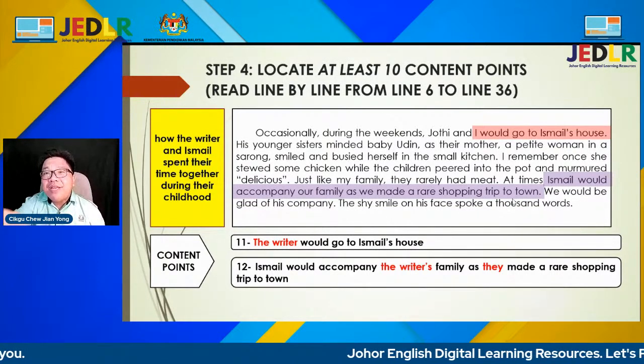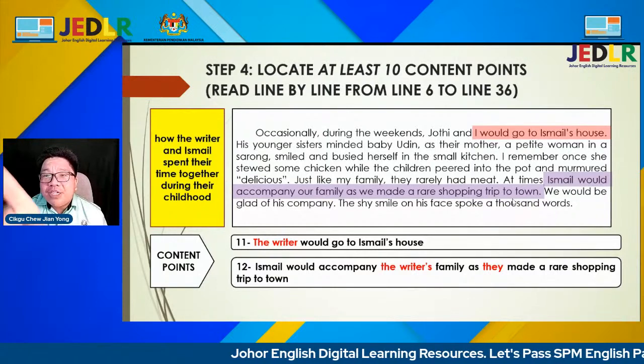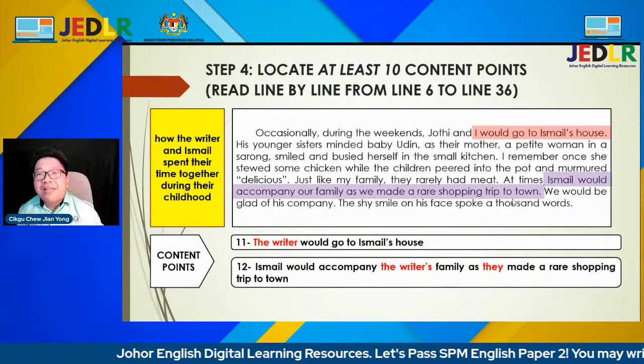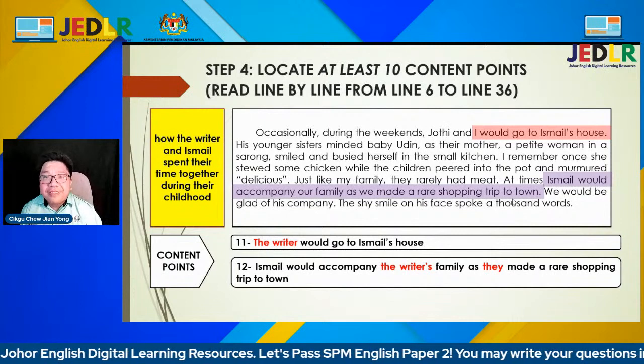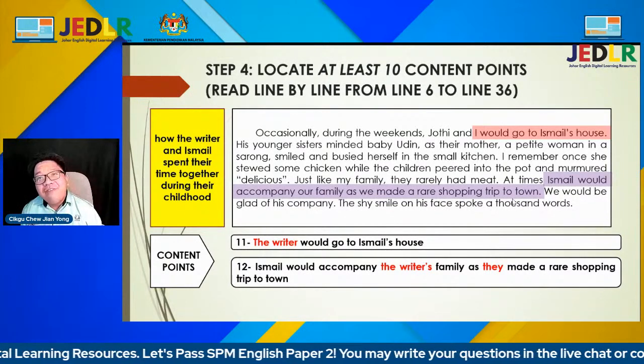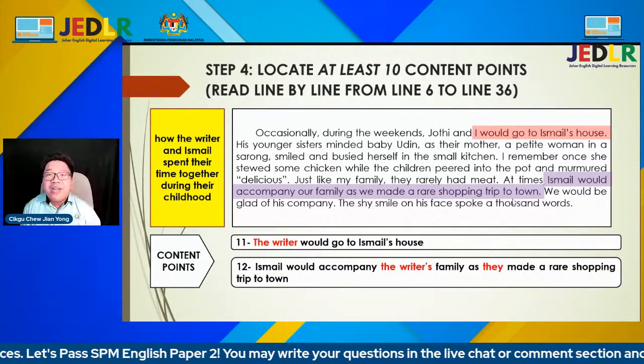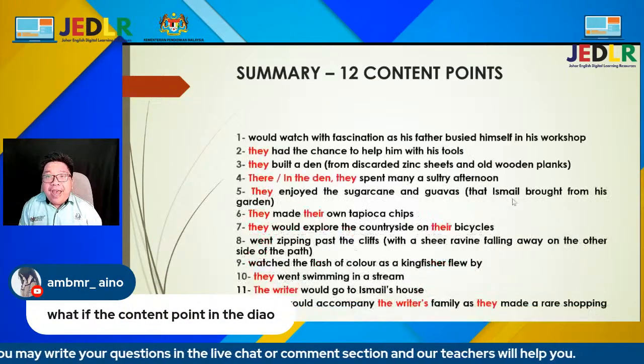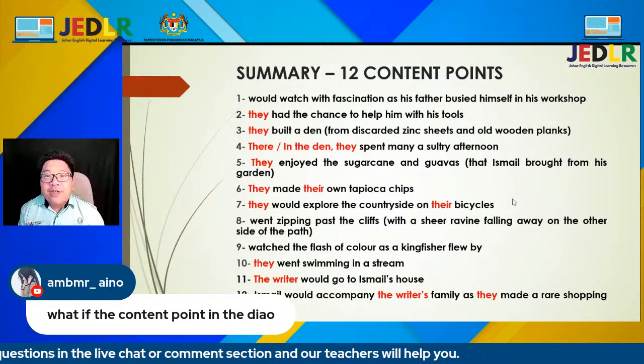So we would be glad of his company. The shy smile on his face spoke a thousand words. These are not points. Okay, so this is the end of line 36. So total, we have how many content points? Okay, we have 12 content points.